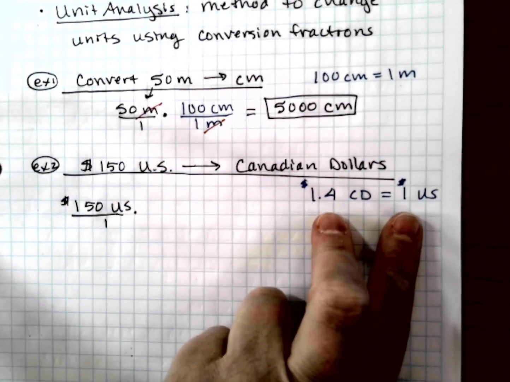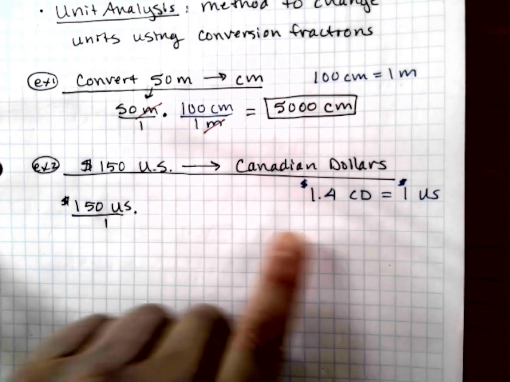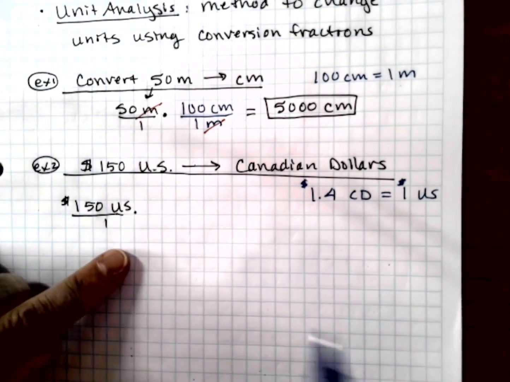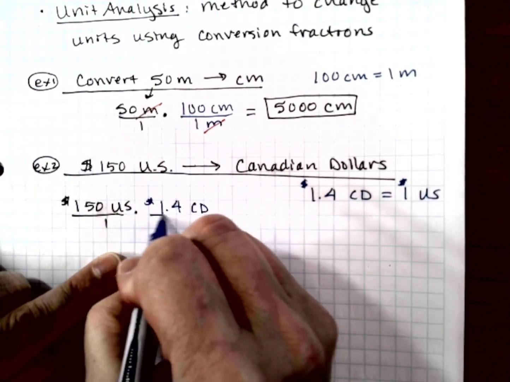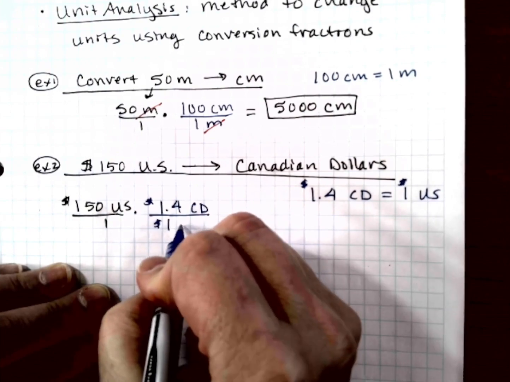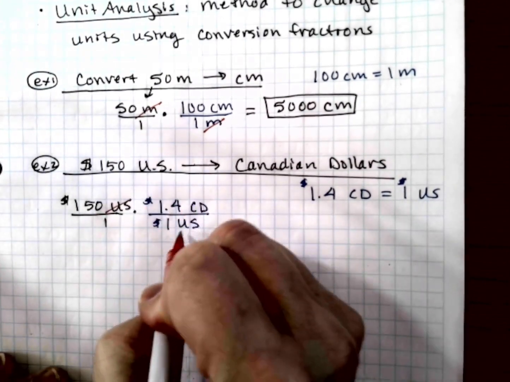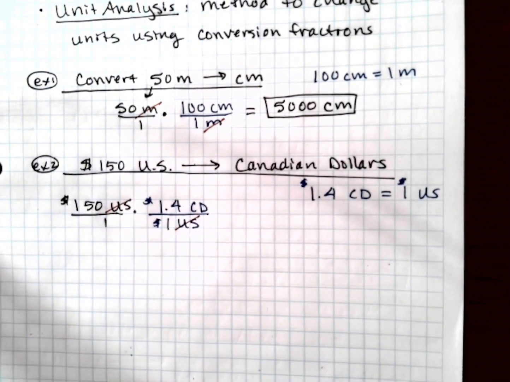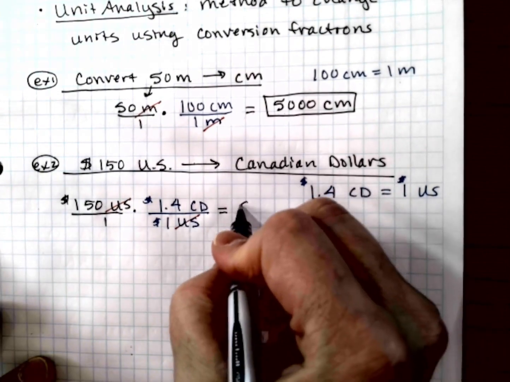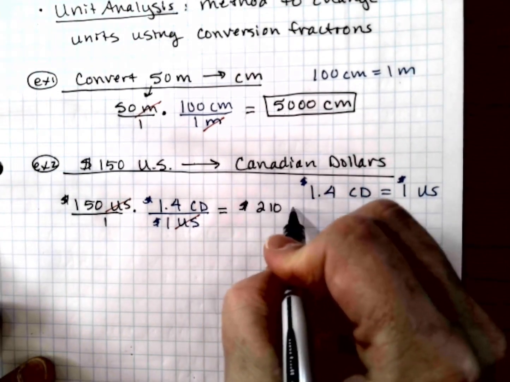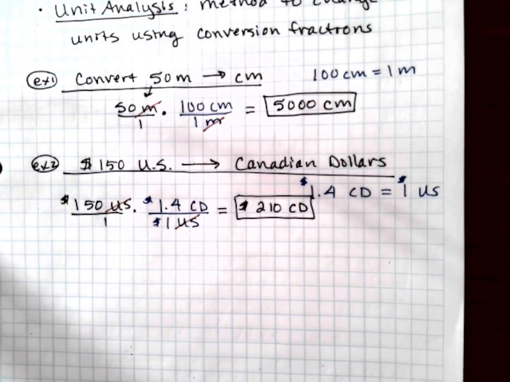Now we're going to decide which one of these needs to go on the bottom. I want US to cancel, so I need US to be on the bottom of the fraction. So I'm going to multiply this times 1.4 Canadian dollars over 1 US dollar, because US on top, US on bottom, the units will now cancel out, and you just multiply straight across. So you end up with 210 Canadian dollars. And that is unit analysis.